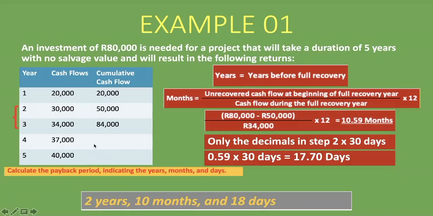Remember, at year 2 we had not fully recovered our investment because we had only received a total of 50,000 rand cumulative, meaning adding the previous years and year 2 as well. We've only received 50,000 rand. So that is not the full recovery year. The full recovery year is year 3, because not only have we recovered the 80,000 rand, but we've received over that. We've received 84,000 rand. That is why that is our full recovery year.